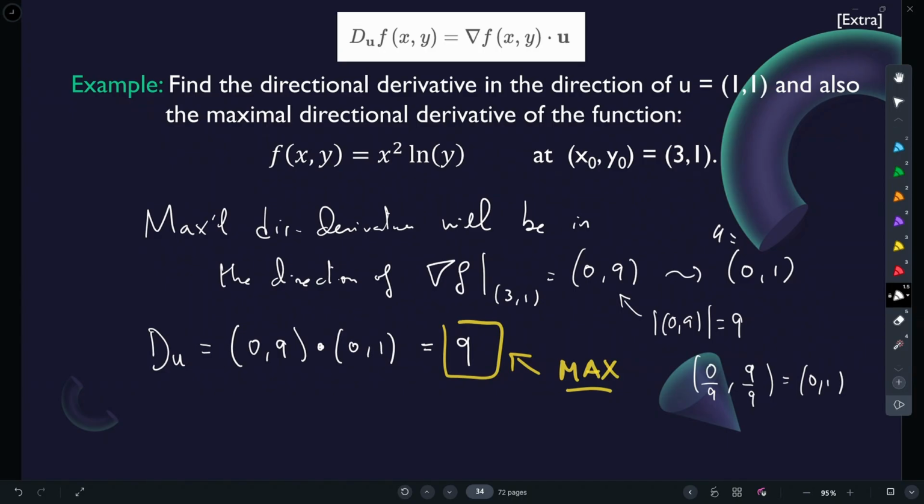Okay? Divide by its own length to get a vector in the same direction of unit length. You can see that 0, 9 is a vector going in the y-axis, but it's very long. So I know that now it's in the y-axis, so just pick the basis vector 0, 1 instead. Okay?